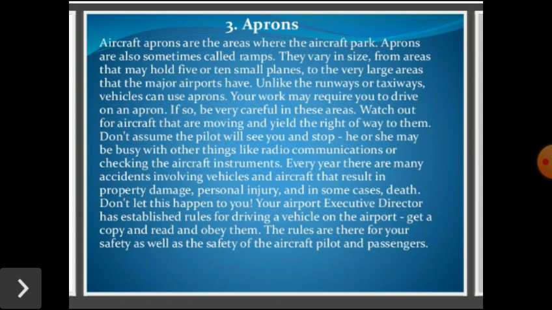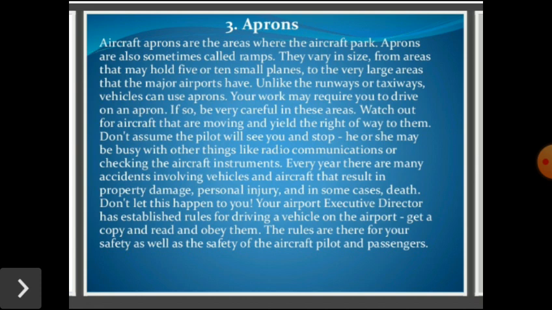Your work may require you to drive on an apron. If so, be very careful in these areas. Watch out for aircraft that are moving and yield the right of way to them. Don't assume the pilot will see you and stop. He or she may be busy with other things like radio communications or checking the aircraft instruments. Every year, there are many accidents involving vehicles and aircraft that result in property damage, personal injury, and in some cases, death.